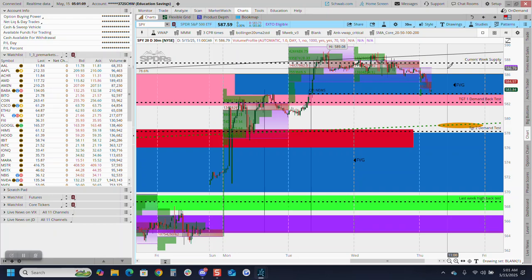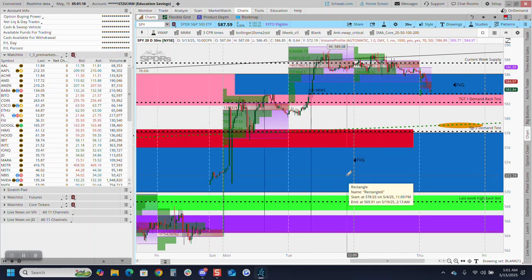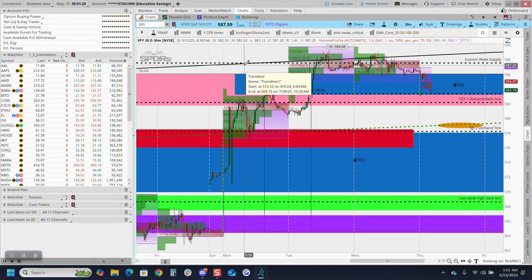So we don't know how deep it's going to go, but I'm pretty sure I would be looking for this area right here, and we still have another fair value gap from the China news, which may or may not fill. I mean, this does at some point need to be repaired. We know this is likely a major resistance for SPY. Okay, and this here also may want to get repaired this week.